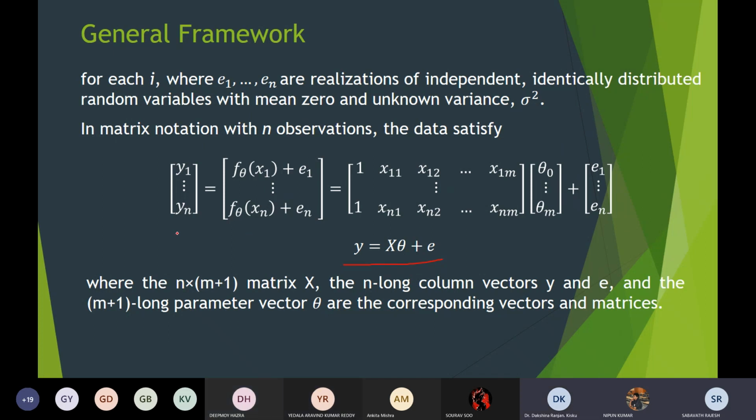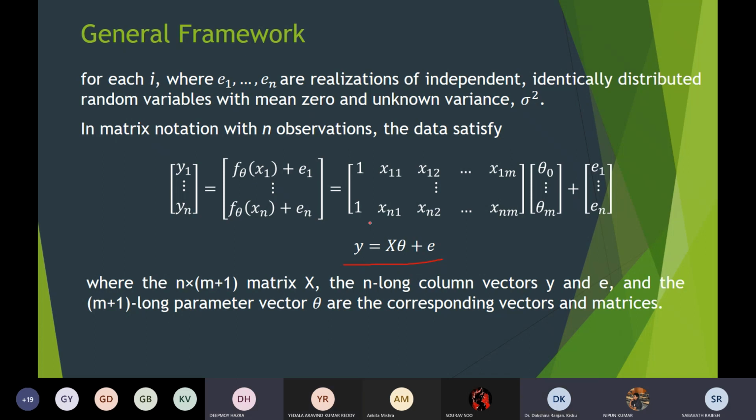N is the dimension for y and e. For the model parameters and the independent variables, the dimension would be m plus 1. So n into m plus 1.